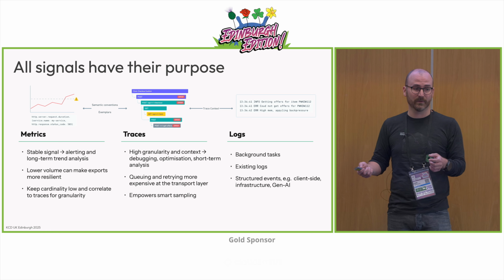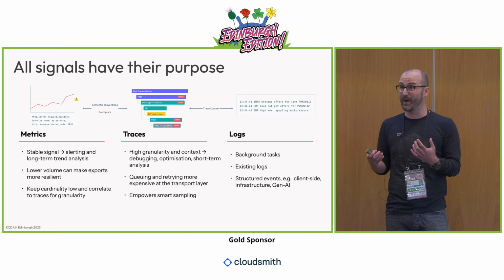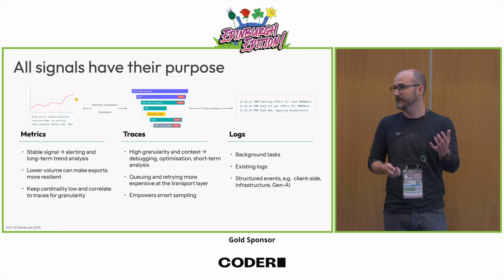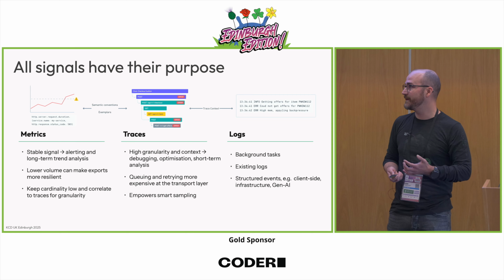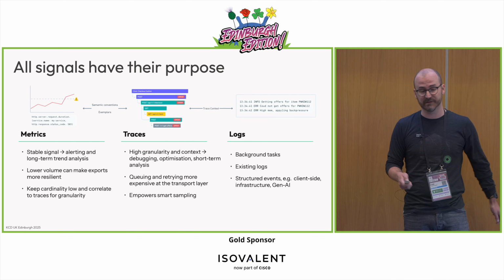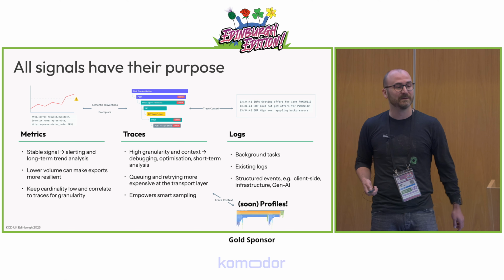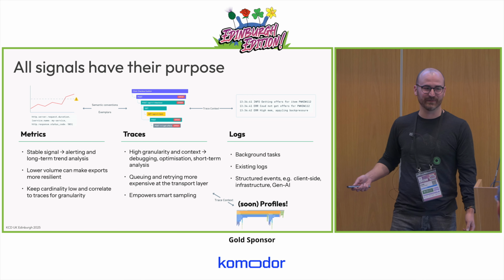And as well, very important, anything that requires a discrete event to be published, like client-side, browser, mobile, infrastructure events, GenAI, as Robert was just mentioning, and soon profiles. I keep saying soon profiles, but it is coming. So you will be able to correlate that as well.